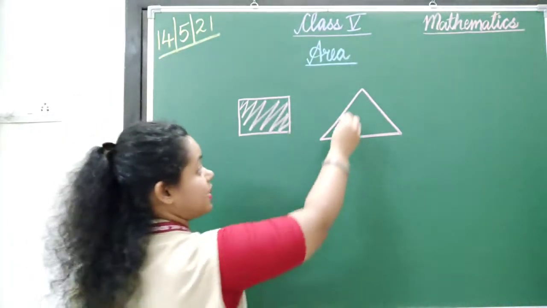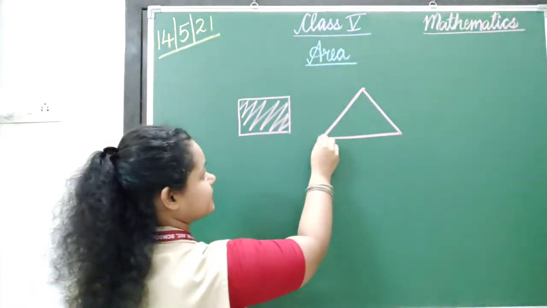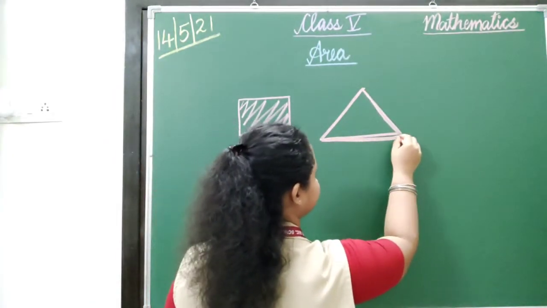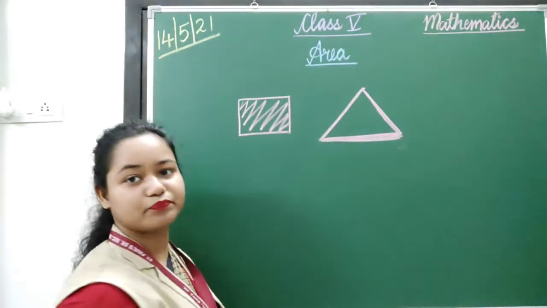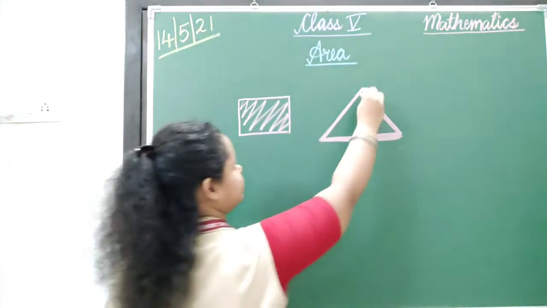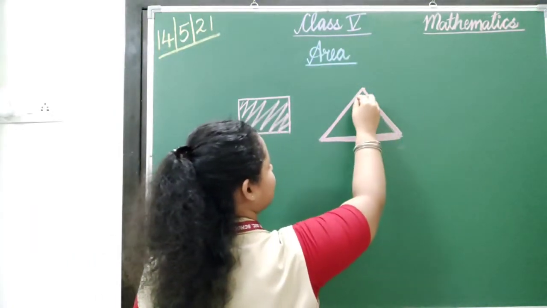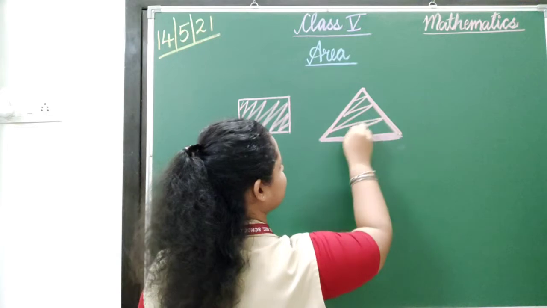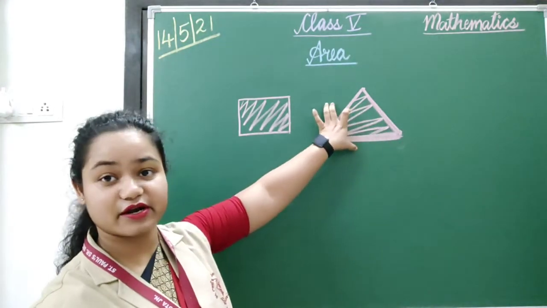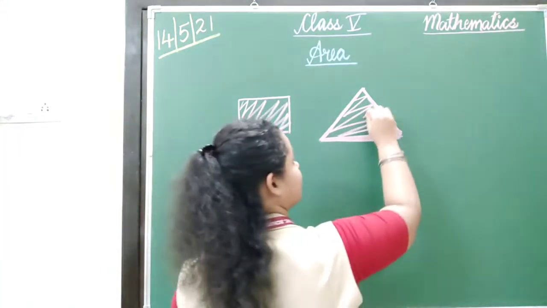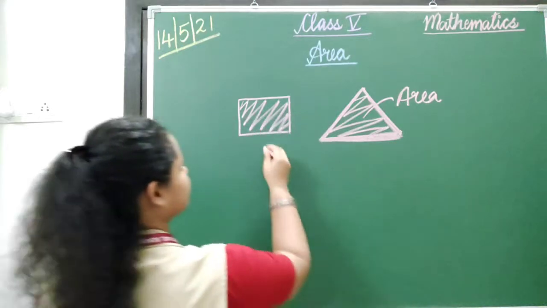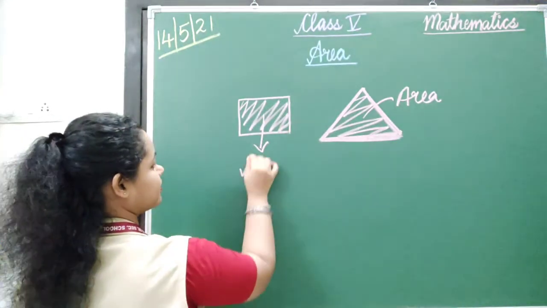Now, the boundary which you are seeing here, this is your perimeter. Yes or no? The boundary will give you your perimeter, but the portion which is enclosed in this figure, okay, that is your area. Understood? Here also this is your area.